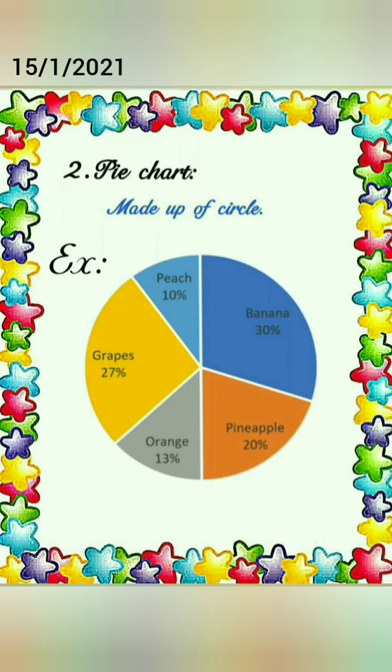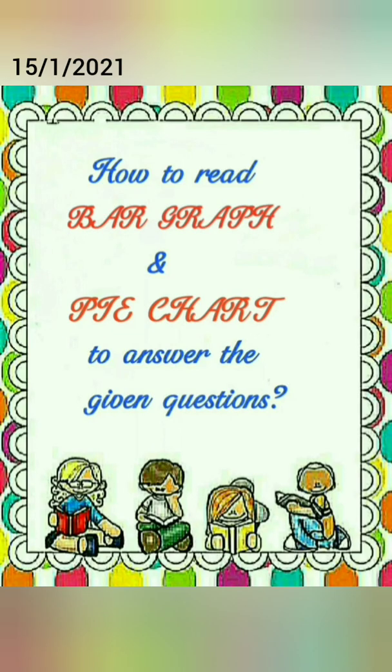A pie chart is made up of a circle, or we can say the presentation of data inside a circle is known as a pie chart. In this video we will learn how to read a bar graph and pie chart to answer the given questions. So without wasting time, we are going to move forward to do the questions from the textbook.